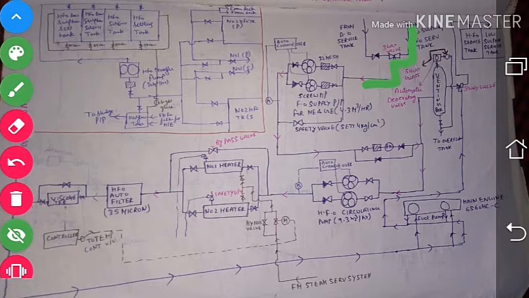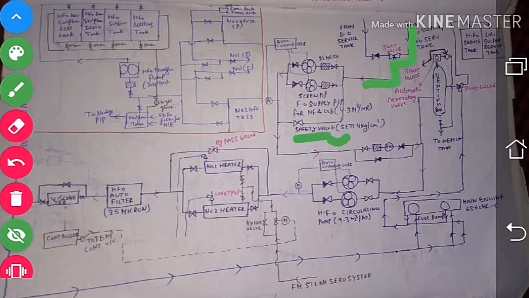Both of them are screw pumps. In my ship both of them were screw pumps. You can see here the safety valve. The pressure is set at 4 bar. If the pressure is very high, then the safety valve will bypass the oil from the discharge side of the supply pump to the suction side. Okay, so this is the safety valve you can see here.